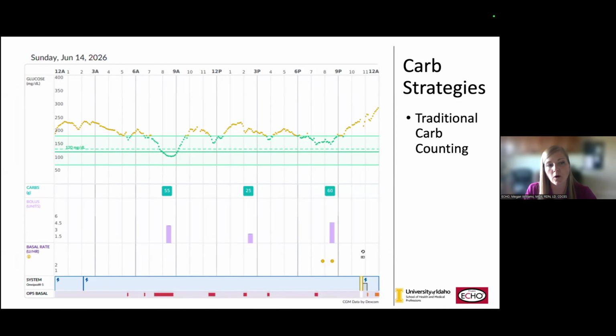And so before you go adjusting settings too quickly, it's important to assess what's going on with this patient. And she, like many of our patients with type 2 diabetes or obesity in general, struggles with the shame and guilt associated with admitting to herself that she is actually eating that much carbohydrate. And so something to be aware of in traditional carb counting.